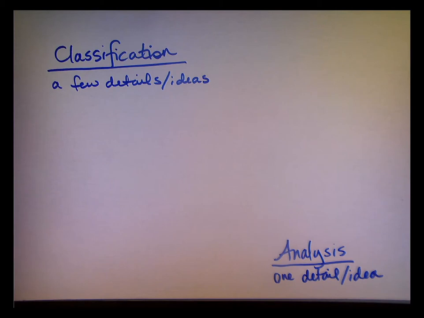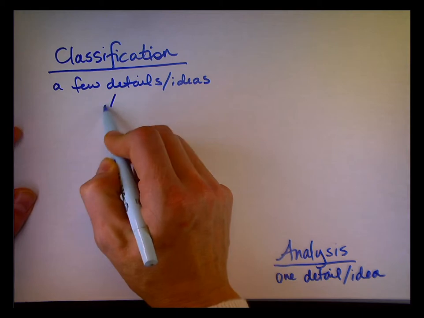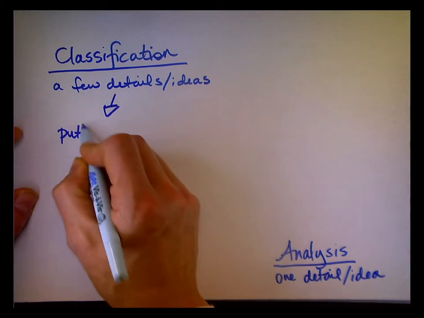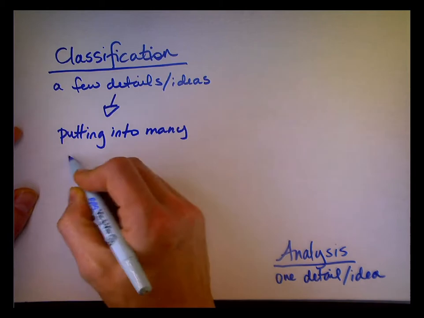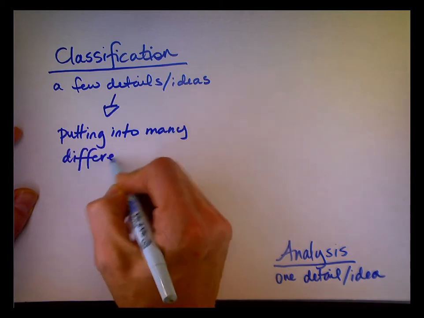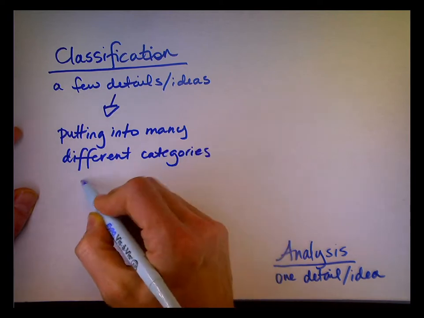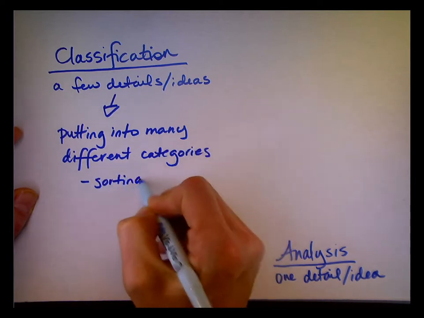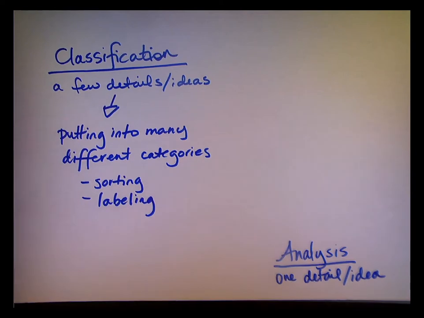When we have classification, out of those 2 or 4, typically there's more than 2 different things that are being talked about in the passage. The author is putting them into different categories. So there's a type of sorting or labeling that's going on with classification.